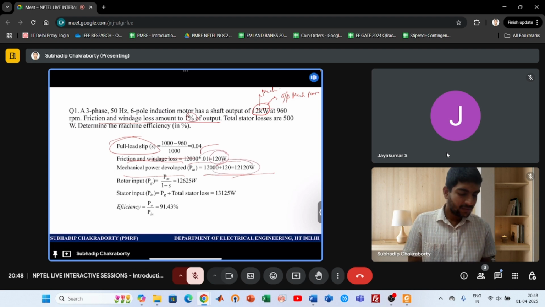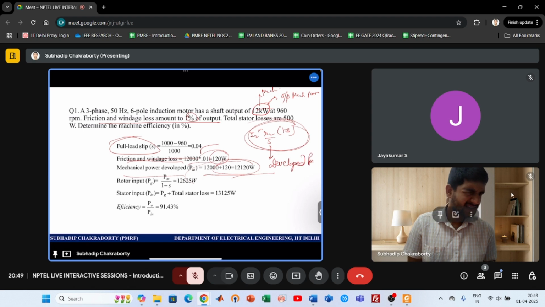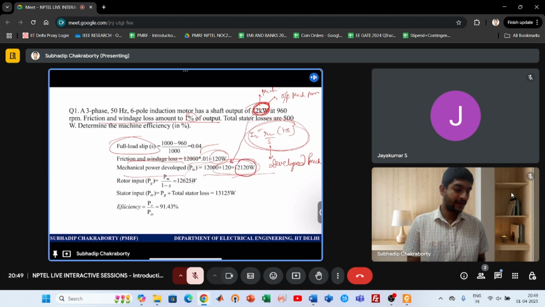Generally when we write I2 square R2 by S into 1 minus S, this is the developed mechanical power, developed PMEC. But the actual mechanical power is a little lower because we have the friction and windage loss. So we need to add back that friction and windage loss to get the developed mechanical power.